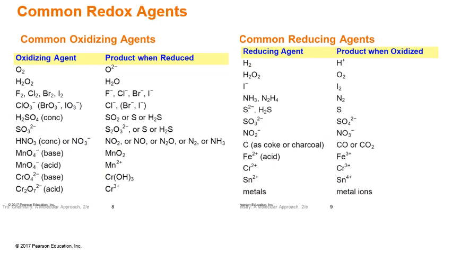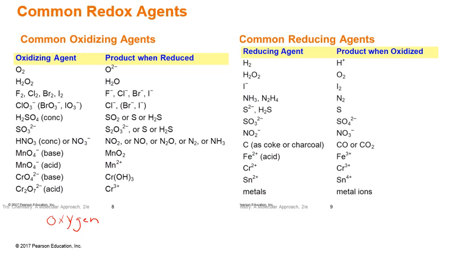Here is a list of common oxidizing agents and common reducing agents. Now, if you look at the list of oxidizing agents, what do you notice about many of the compounds on the left-hand side? Well, many of them are oxygen-containing compounds.